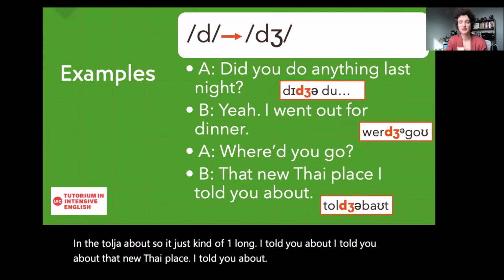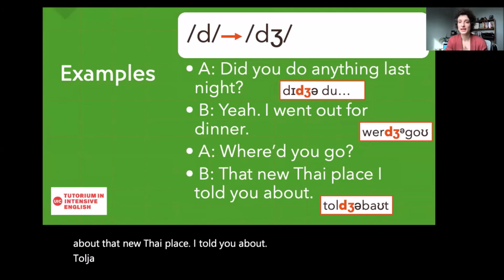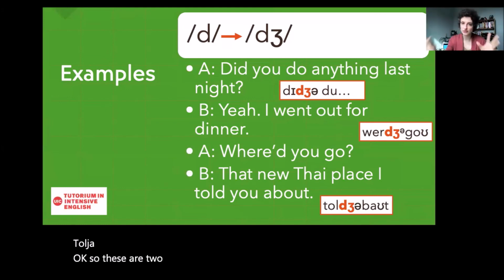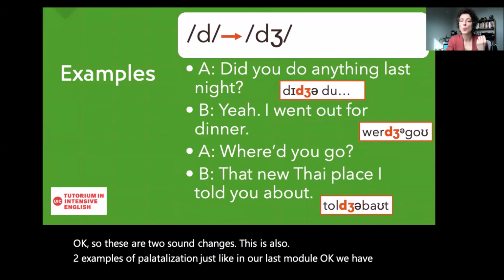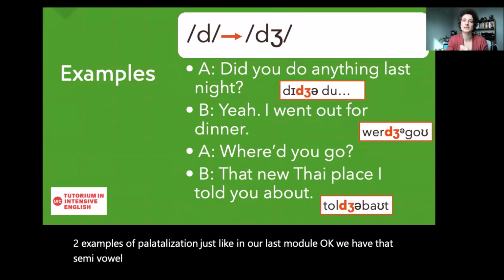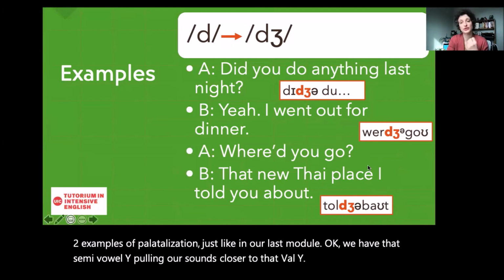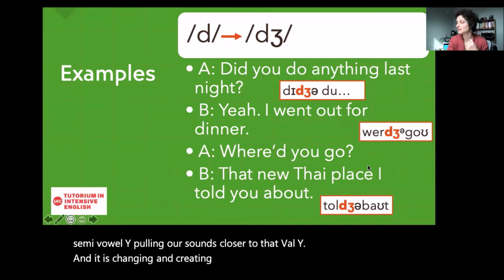Okay, so these are our two sound changes. This is also two examples of palatalization, just like in our last module. We have that semi-vowel Y pulling our sounds closer to that vowel Y. And it is changing and creating a new sound as a result.